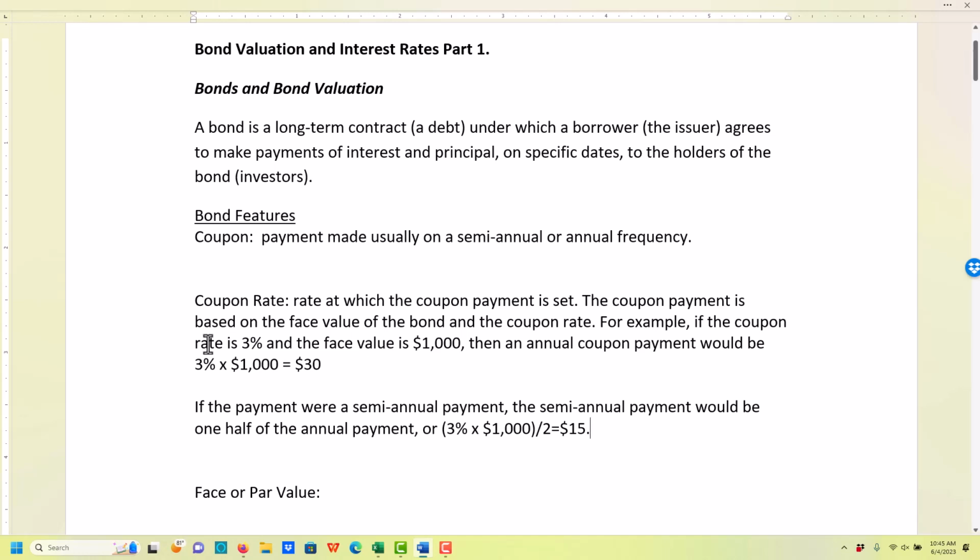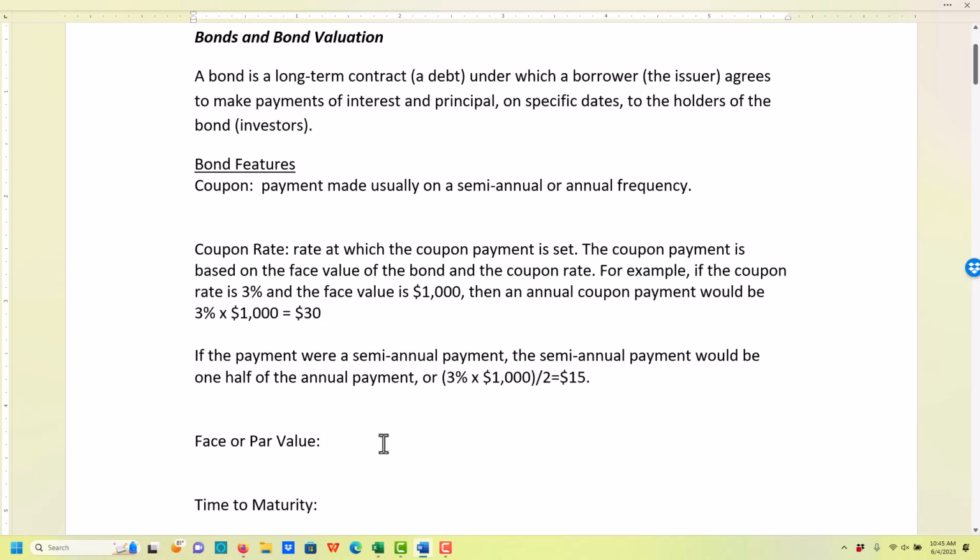The face or the par value, and I just showed you that on the bond. It has a face value, that's what's written on the paper, $1,000. This is the amount that the investor is owed at maturity.